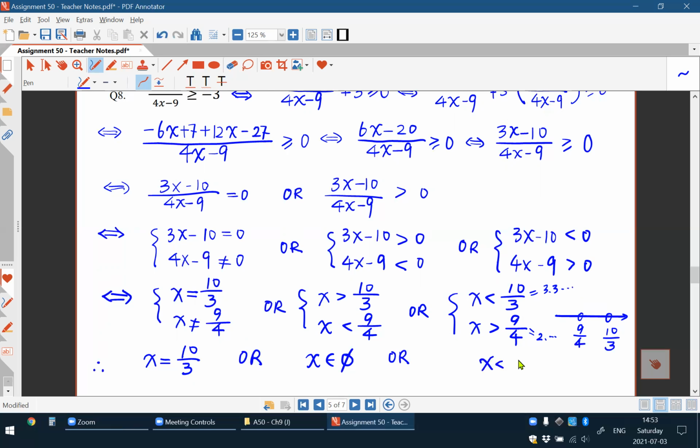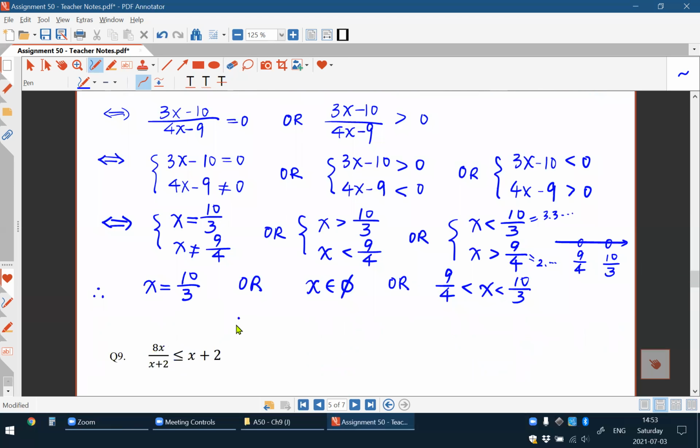So x is smaller than 10 over 3, larger than 9 over 4. Okay, and final solution must be x is greater than 9 over 4 and smaller than or equal to 10 over 3, right? Any questions?